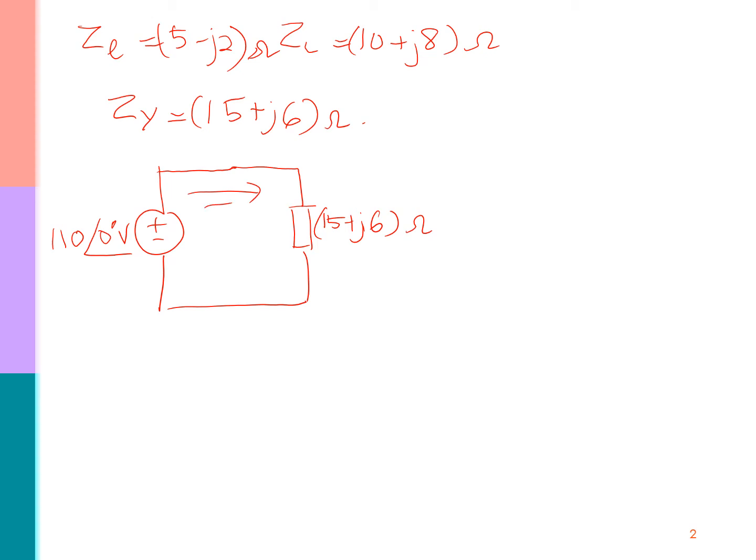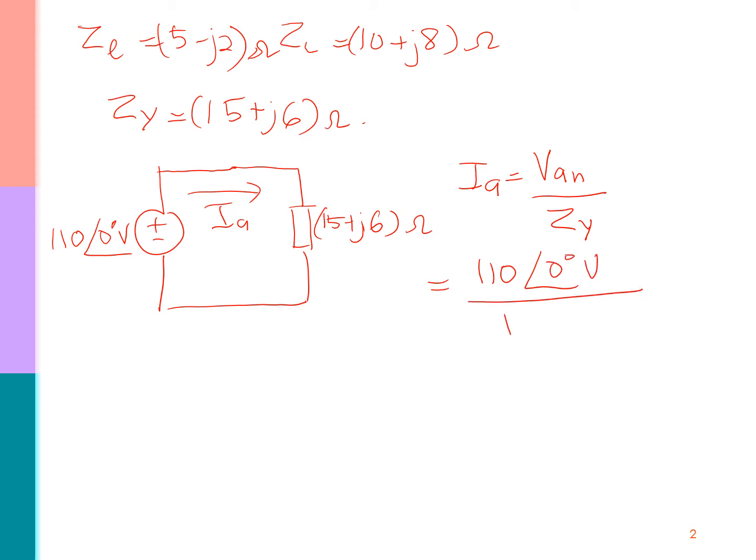So the line current IA, using Ohm's law, is VAN over ZY, which is 110 volt over 15 plus J6.